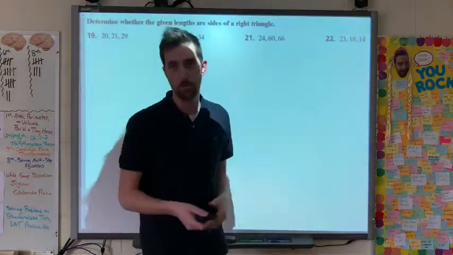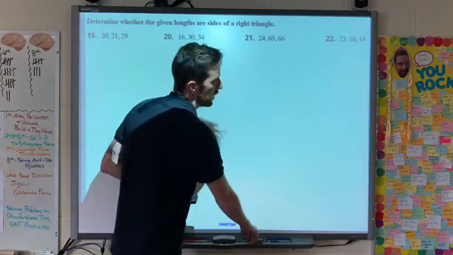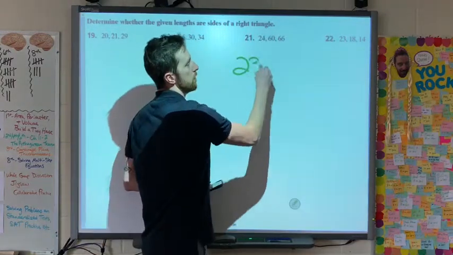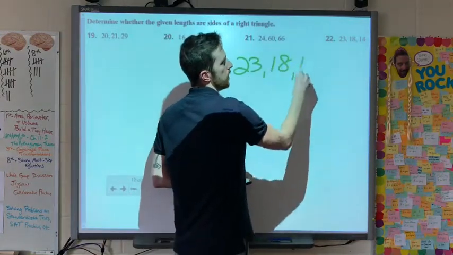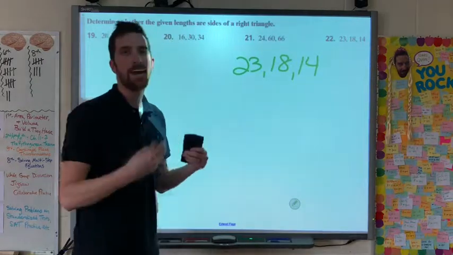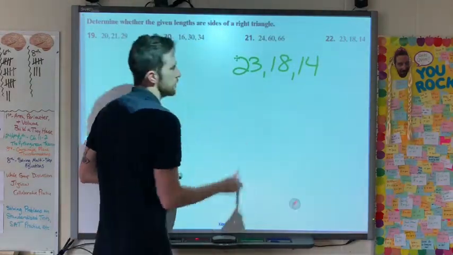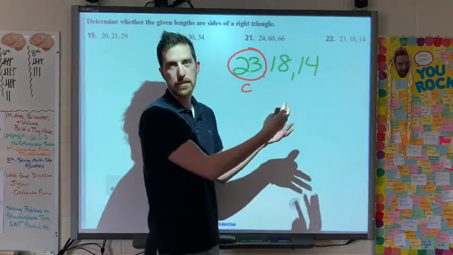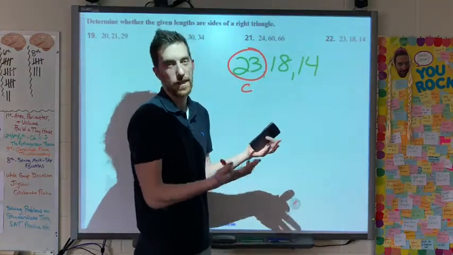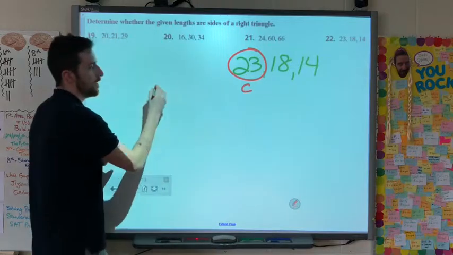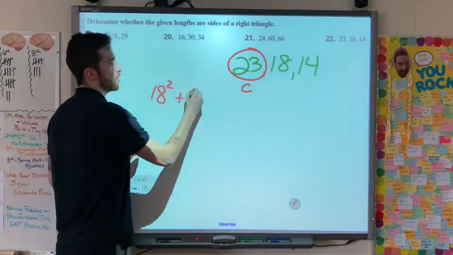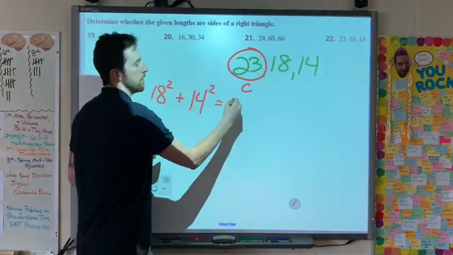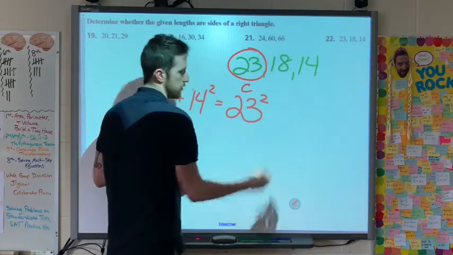So let's do number 22. It gives us the side lengths of 23, 18, and 14. The longest side has to be C, so 23 is C, and it doesn't matter which one you put as A, the 18 or the 14. So we could say 18 squared plus 14 squared equals 23 squared.